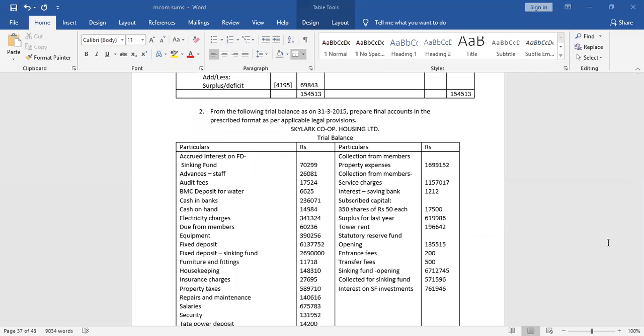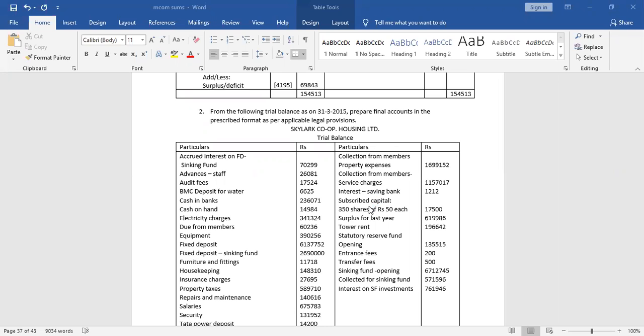Collection from members for property expense, property के head में आएगा. Collection from members for service charges, or establishment charges. Next, interest and dividend में interest will come for saving bank.